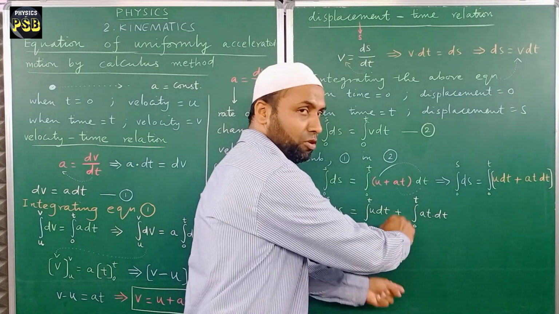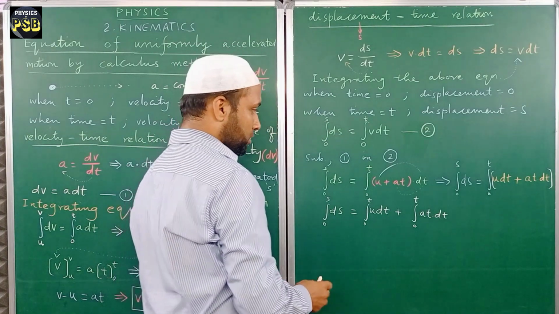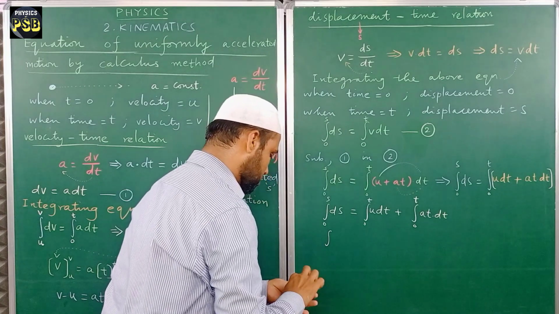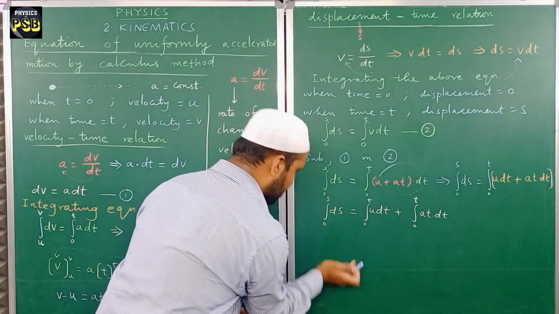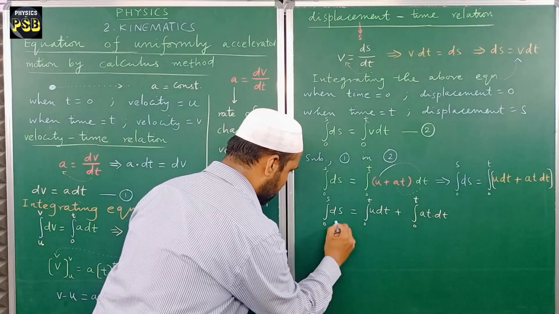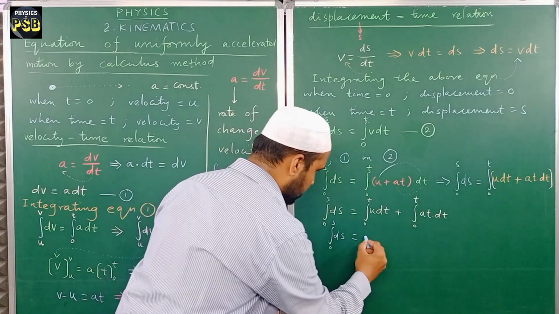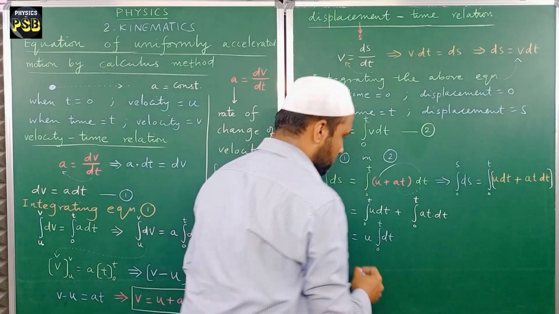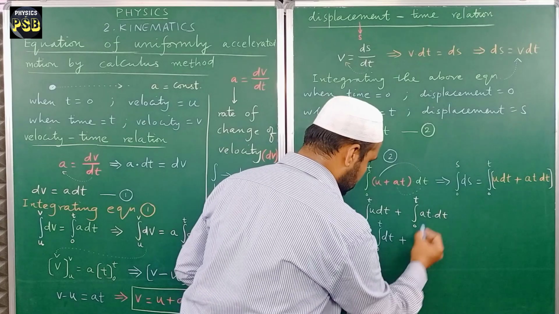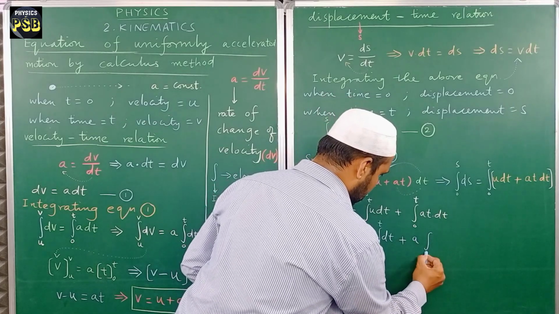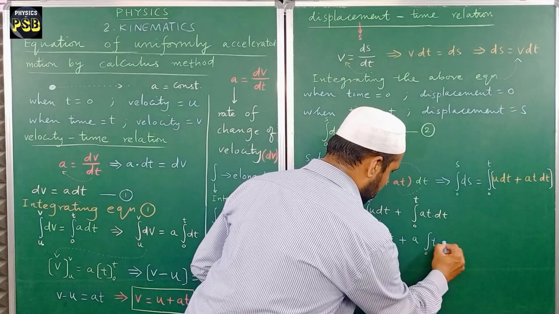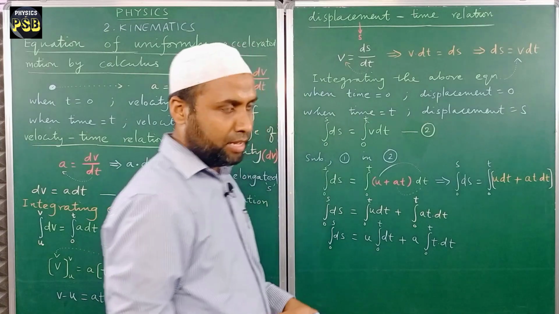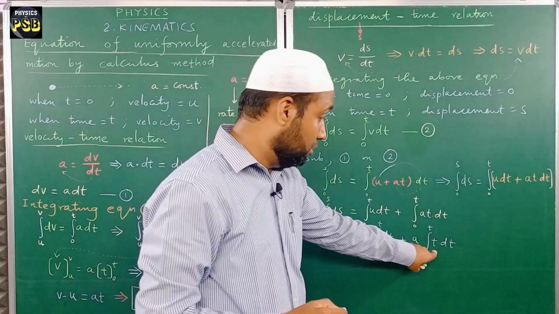Here a is a constant, so it will be taken out. If we do so, ds here is taken out. Integral of dt with the limits as 0 and t plus a integral of t dt. See here I haven't taken out this t outside because it is not a constant, it is a variable.